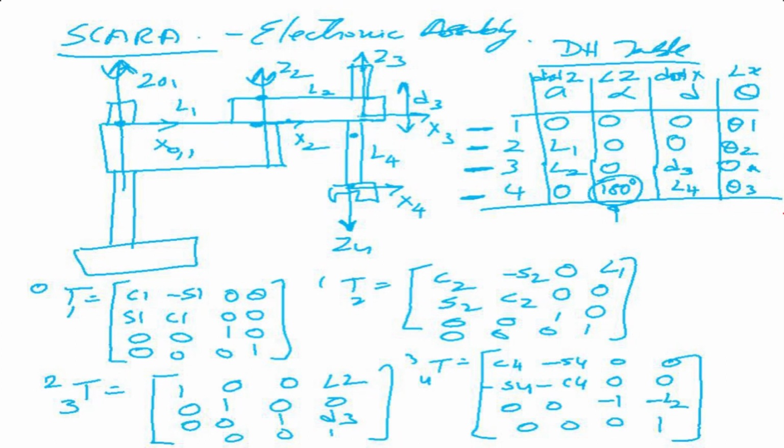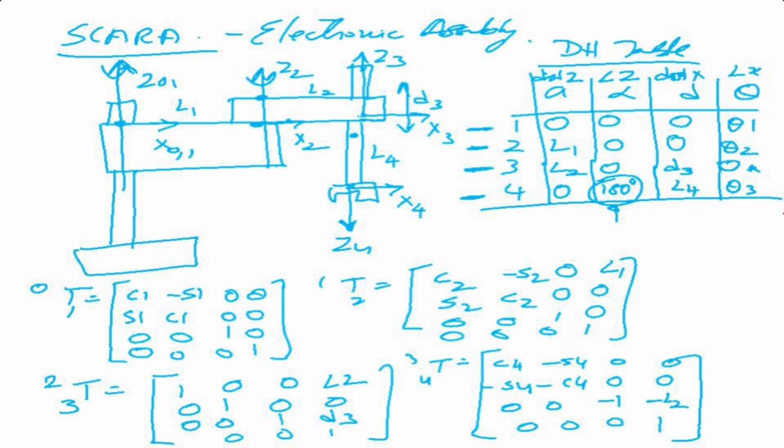Now let's look at the third one. The third row has an L2, and it has a d3 also, and d3 is the variable. So what will T2 to 3 be equal to? We take this third row and put it in the generalized matrix. Now what you see here, there is no theta, and the variable is d3.